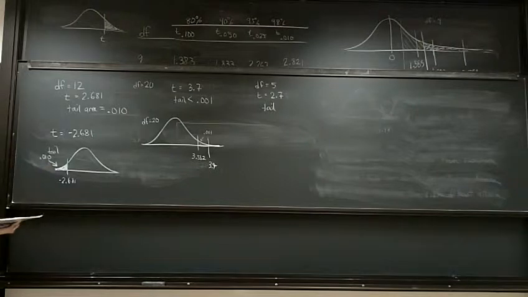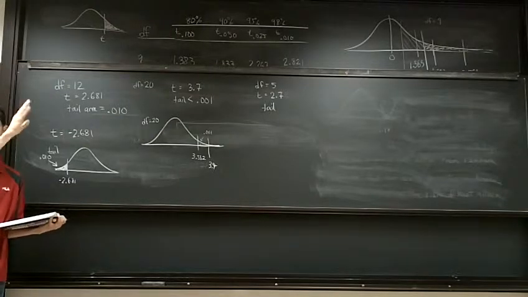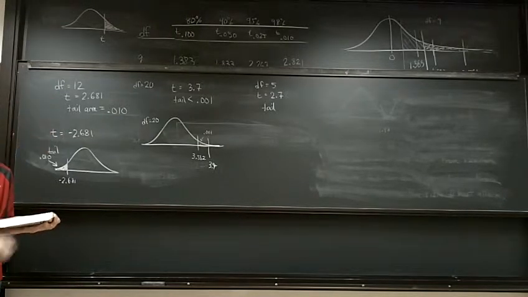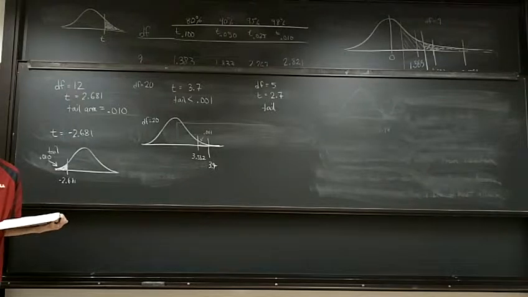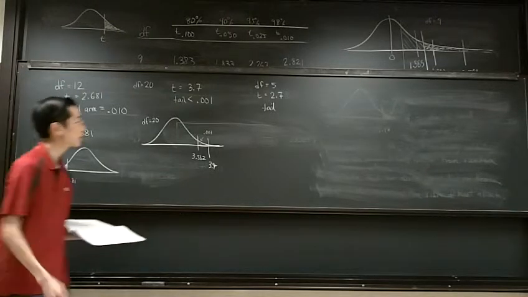So if you get a negative number, just treat it positive and continue on. But just know that for a negative number, the tail means going to the left, because the distribution is symmetric. Is that okay? Good, all right.